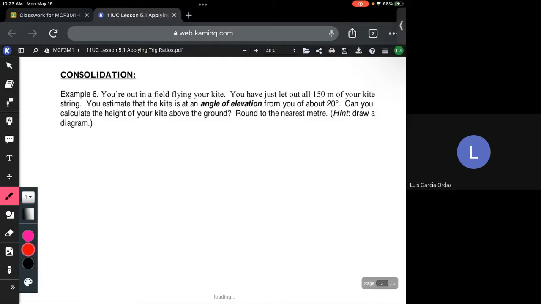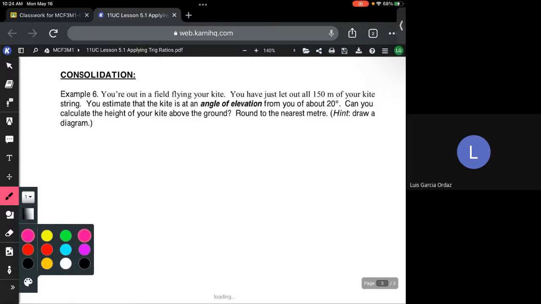Estimate that the kite is at an angle of elevation from you of about 20 degrees. Can you calculate the height of the kite above the ground? What type of triangle are we going to be drawing regardless? Is it going to be a right angle triangle, a random triangle? We're drawing a right angle triangle, because this unit involves right angle triangles.